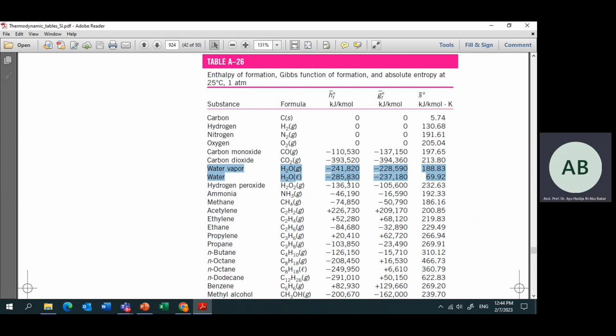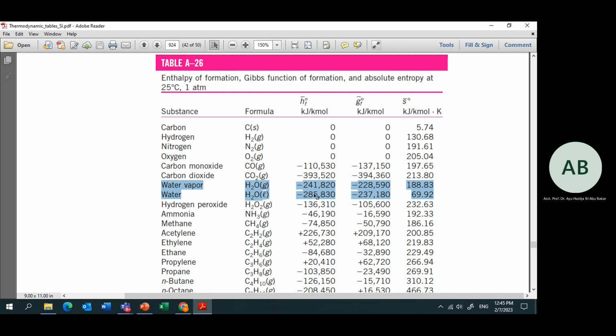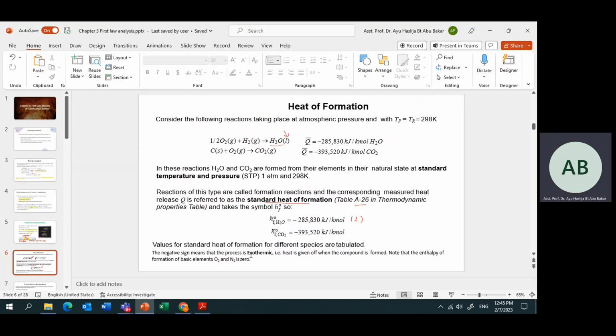So this is the heat of formation for both water vapor and water liquid, HF. Check on the HF column. Now back to the slide.